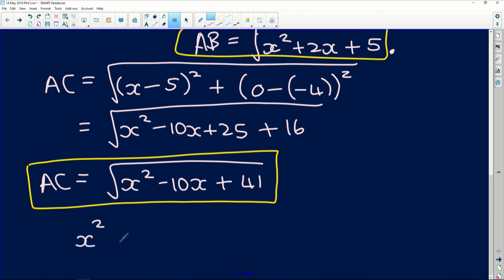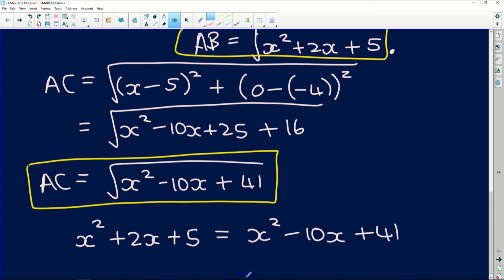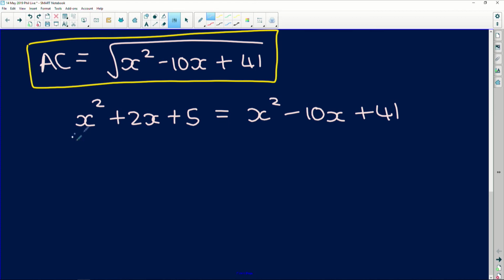So we can simply say x squared plus 2x plus 5 from AB is equal to x squared minus 10x plus 41 from AC. x squared minus x squared gives us 0. If we bring this 10x to this side of the equation, 2x plus 10x gives us 12x.